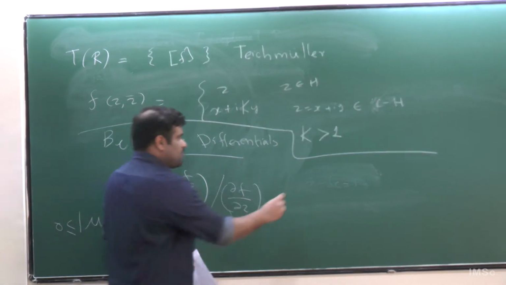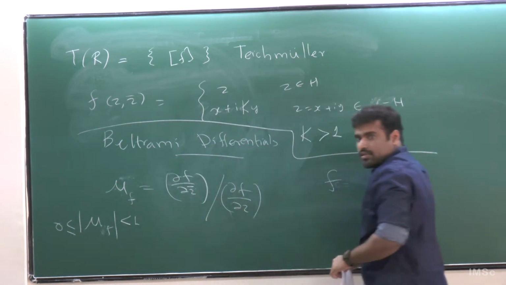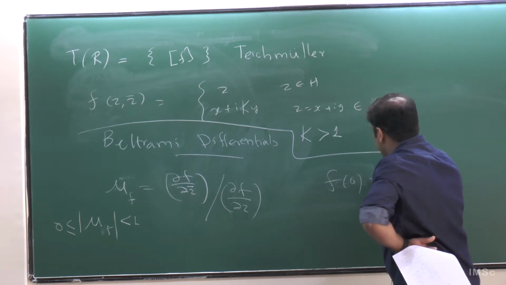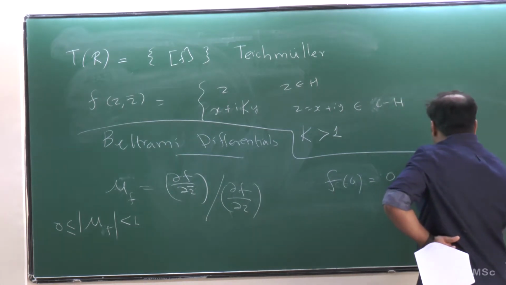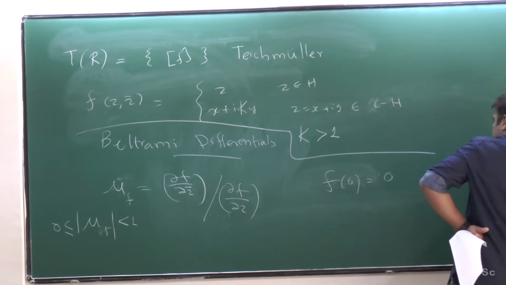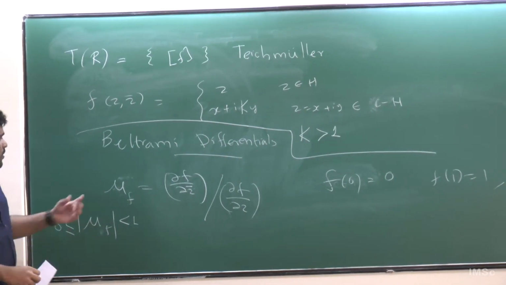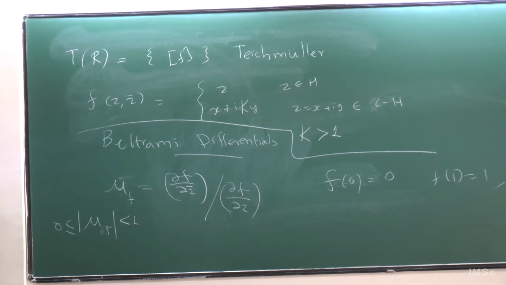Say I am working on a complex plane. If I specify that the quasi-conformal transformation is fixing 0, 1 and infinity, then the relation between Beltrami differential and quasi-conformal transformation is 1 to 1.